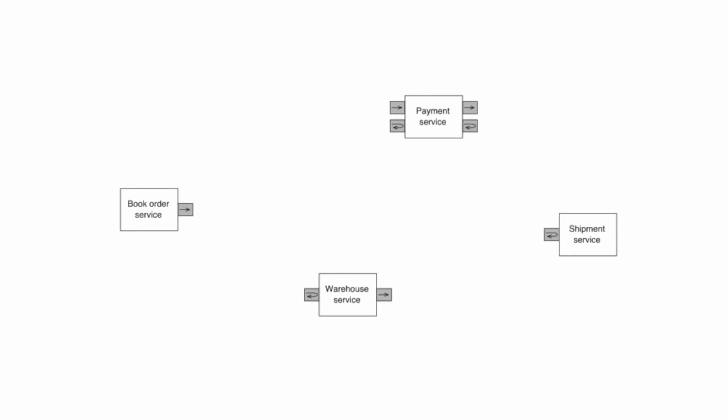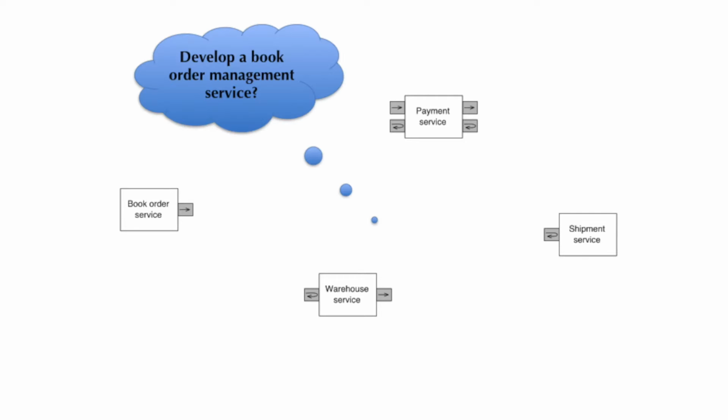So you can imagine that given these services, we can, for example, invent a new kind of application or a new kind of web service, like a book order management service.